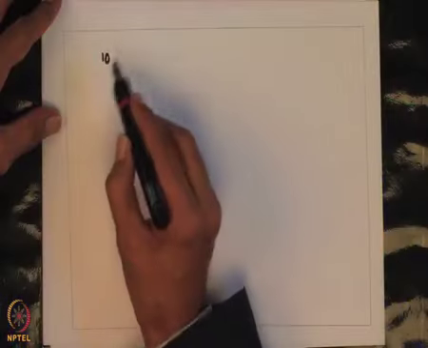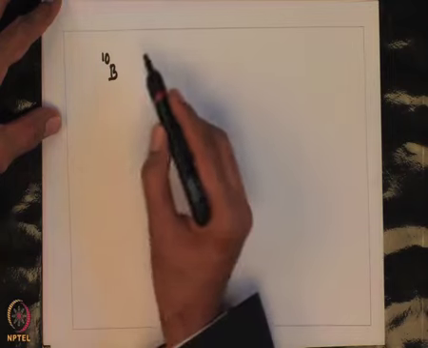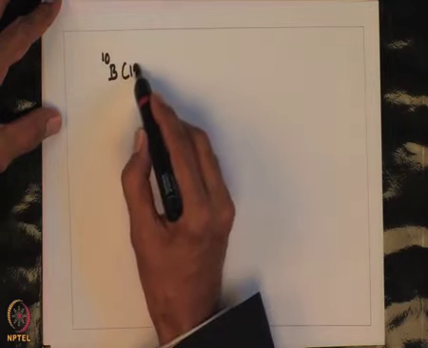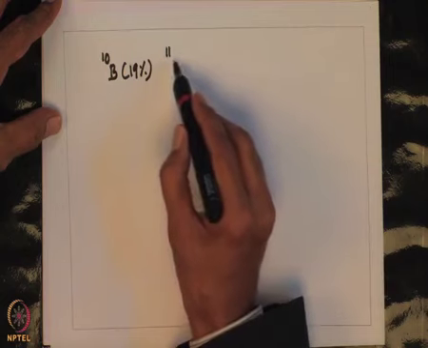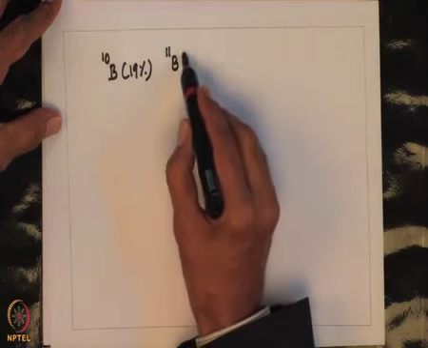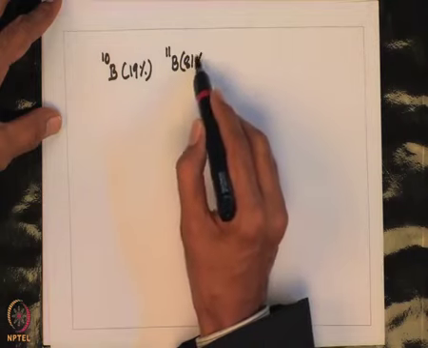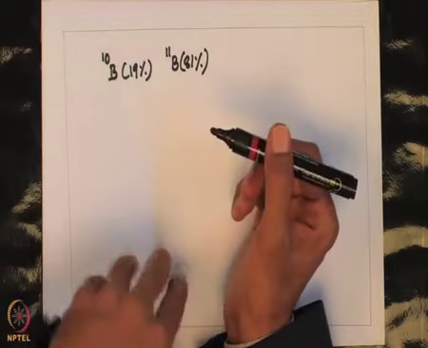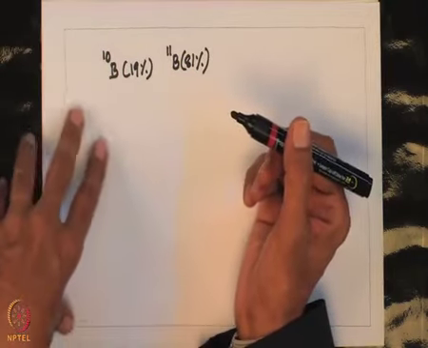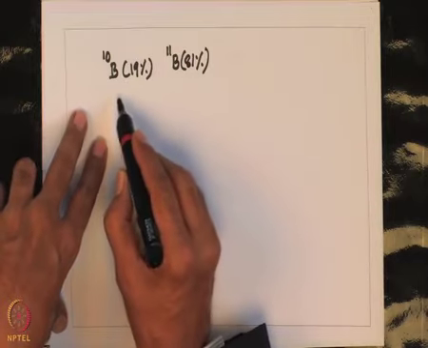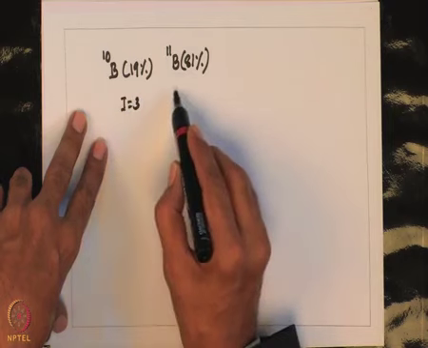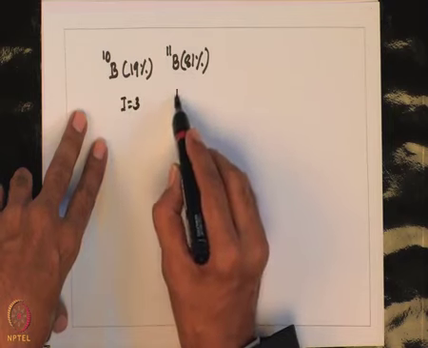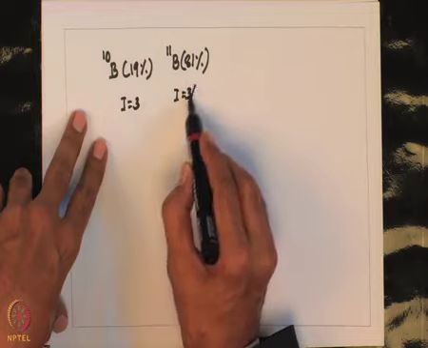One is boron-10, about 19% abundant, and the other is boron-11, about 81% abundant. When we look into the nucleus, the nuclear spin for boron-10 is I equals 3, and in the case of boron-11, I equals 3/2.